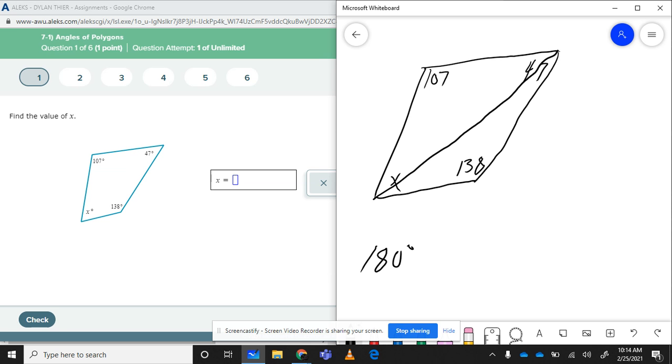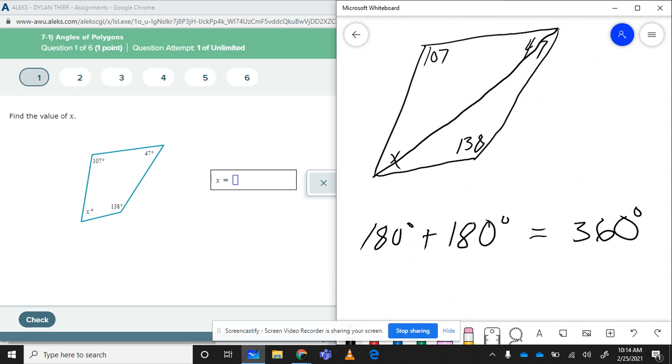I get 180 degrees and another 180 degrees because each of those triangles has 180 on the inside. Well, that would give me 360 altogether. And then from there, I would simply say, all four of these corners together need to add up to 360. So I'm going to take that 360, get rid of the 107, get rid of the 47, get rid of the 138, and that should tell me what's left over, that bottom left corner.